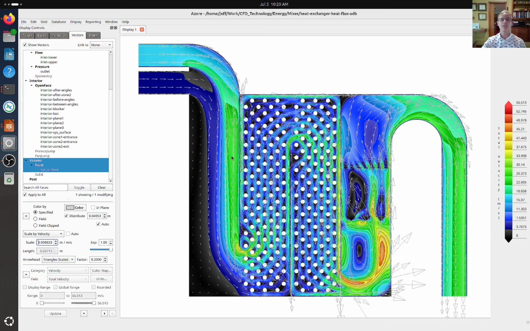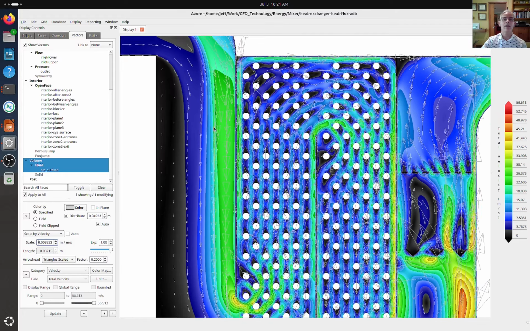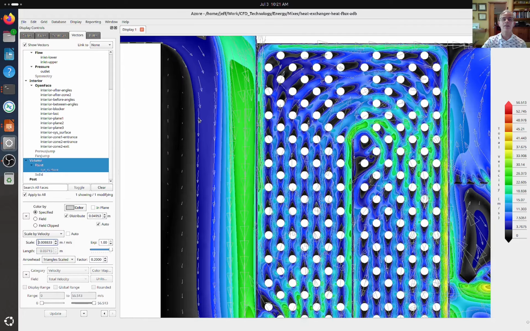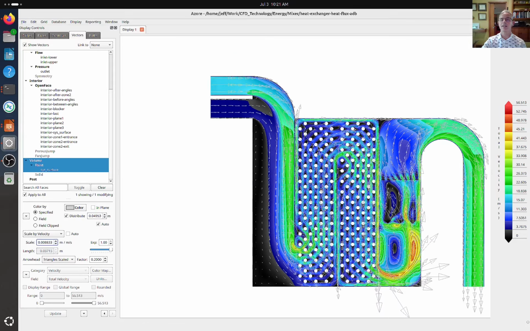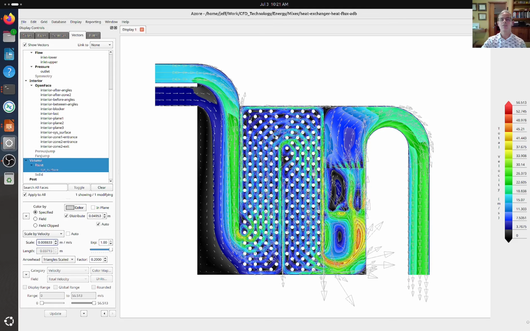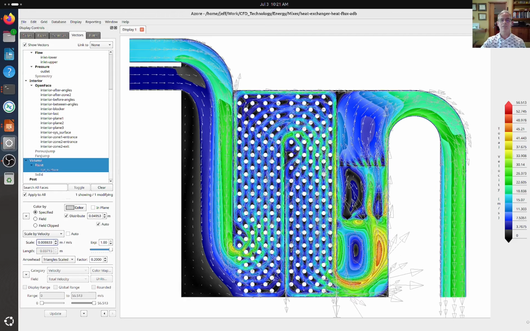Over here you can see that the velocity is going downward, but if you look very closely, you'll see right in here that the velocity is actually going up. So that's one flow structure that you could look at and get a general view of what the velocities look like, but sometimes it's interesting to really drill down and look at the velocity structures.